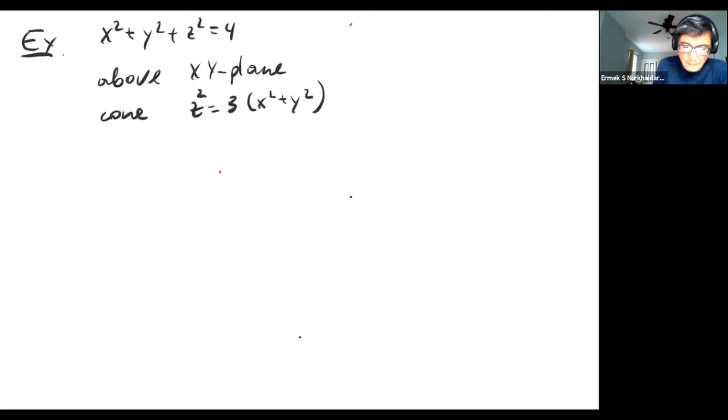Okay, so that's solid E. Solid E is bounded by the sphere above the xy plane, inside of the cone, and below that sphere.